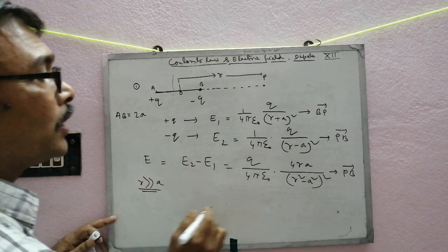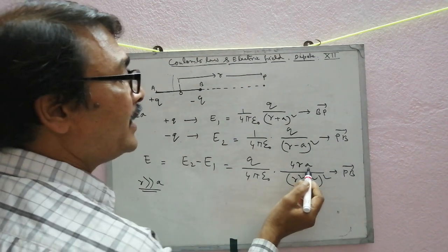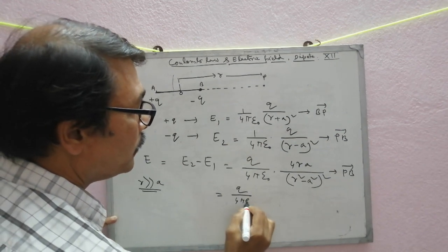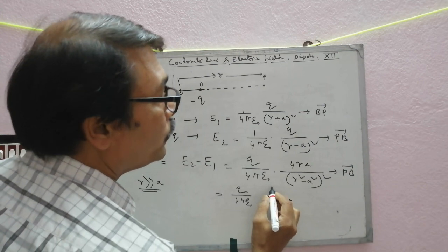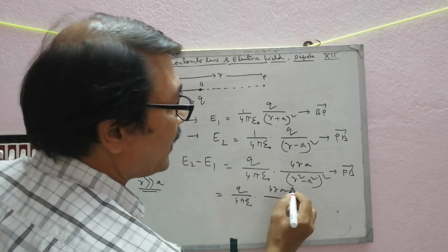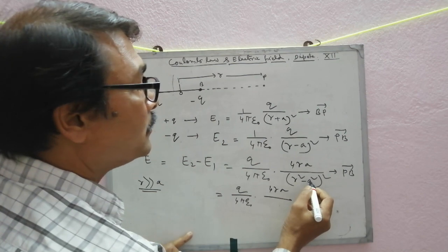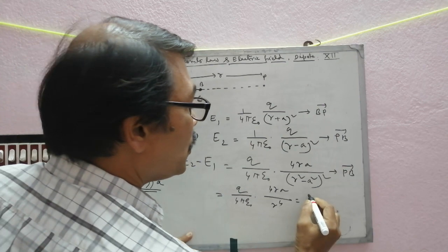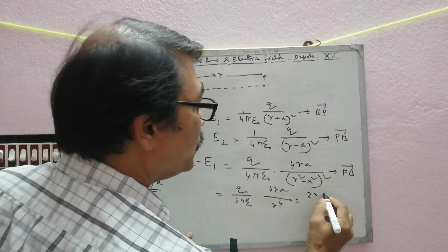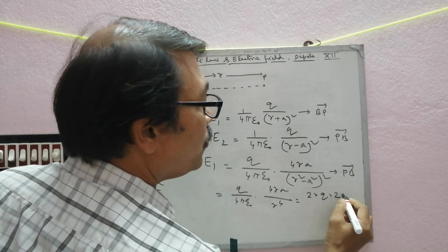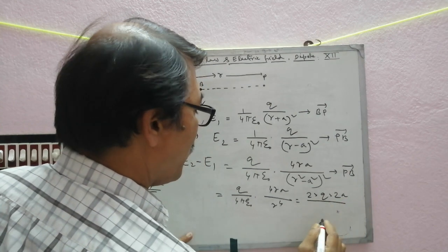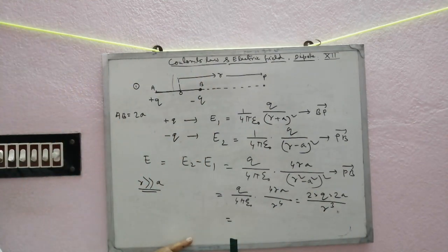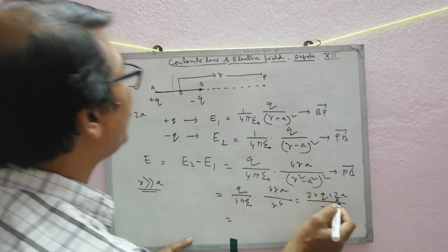So in comparison to R, we may neglect A. So in this equation, Q by 4RA, that is R to the power 4, becomes 2 into Q into 2A by R cube. Finally, we get the result Q into 2A.